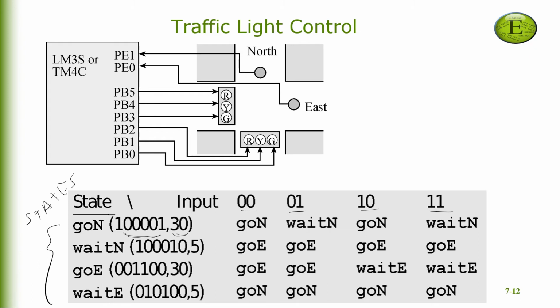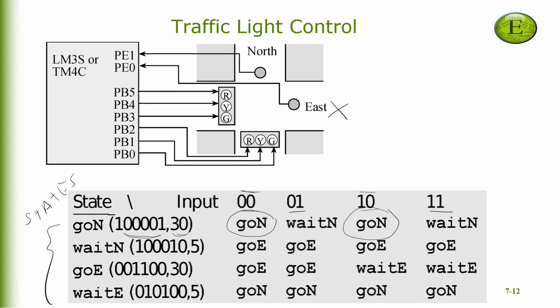So from go north, you can go to the same state, go north, when the input is 00, and you can go to the go north state when the input is 10. That is when we have no traffic on the east.